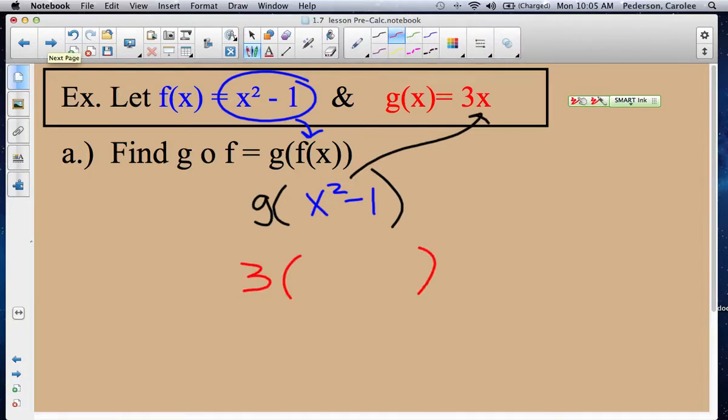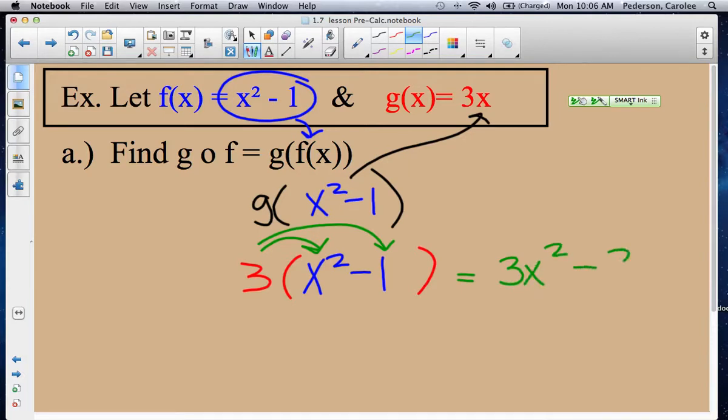So I'm going to replace that x with what I'm evaluating, x squared minus 1. Now just clean it up. Distribute the 3 through. So we get 3x squared minus 3.